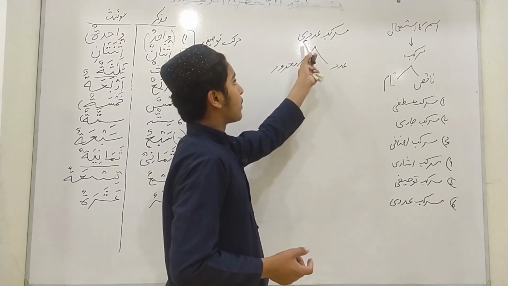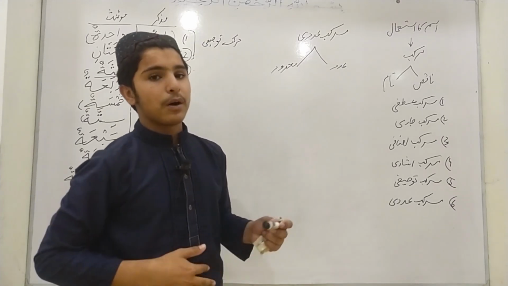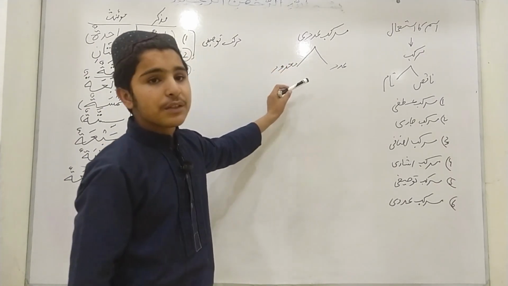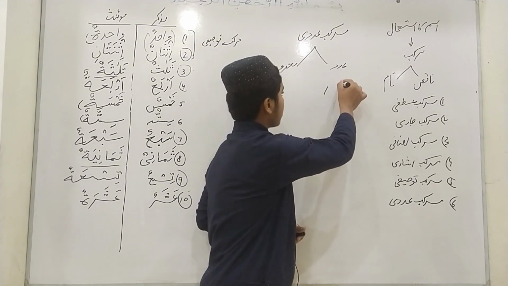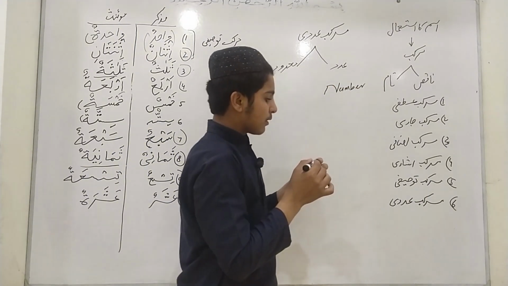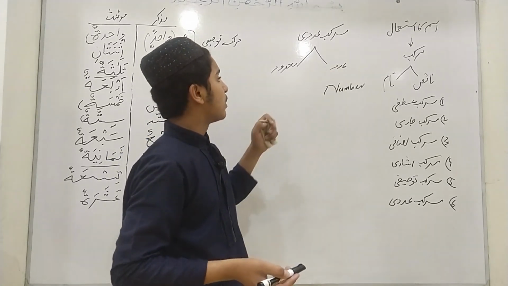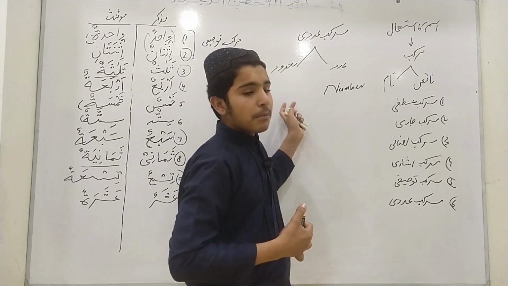Now we read it in Arabic grammar, Murakkab Adadi, numeral compound. There are two parts or two components of Murakkab Adadi. First one is Adad and the second is Madud. Adad is number. The number is known as Adad in Arabic language or Urdu language, and the Madud, the thing to be counted, is known as Madud.